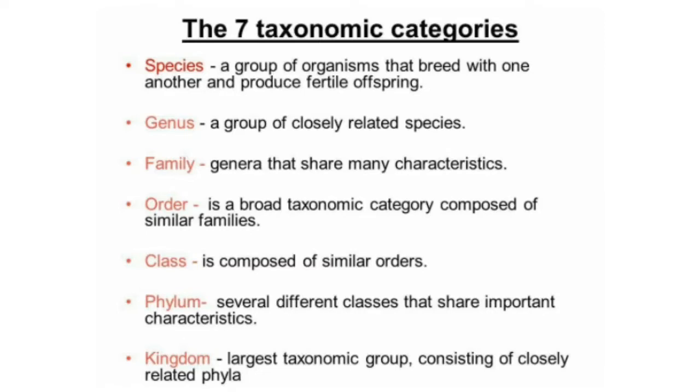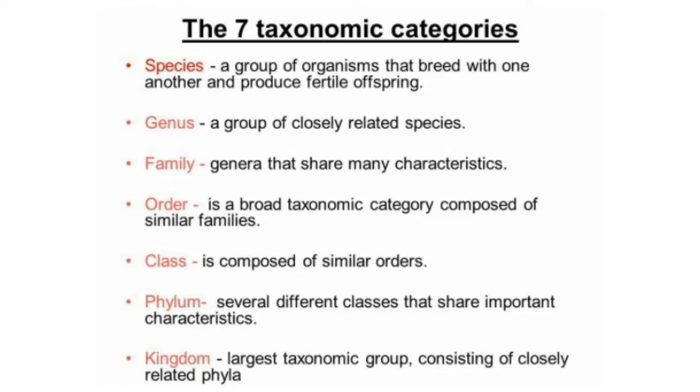What example can you give? Potato and brinjal are two different species, but they belong to the genus known as Solanum. In the same way, for an animal, Panthera leo is the lion and Panthera tigris is the tiger. They have common features, and the genus is the same, right?